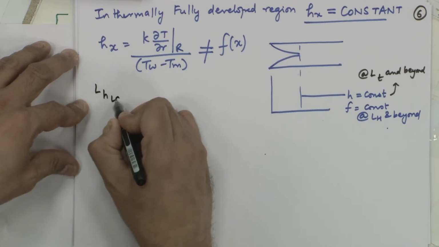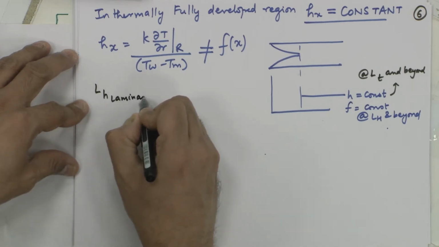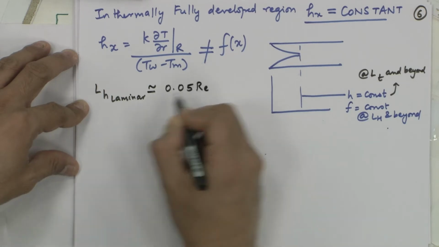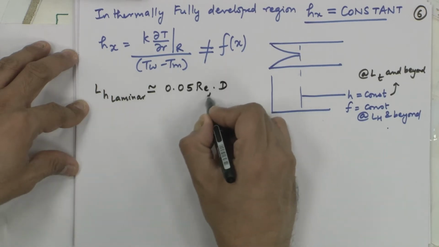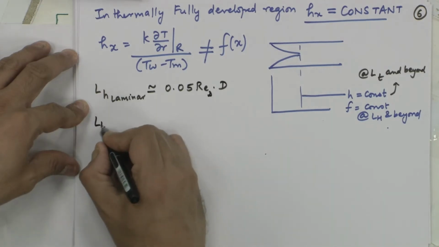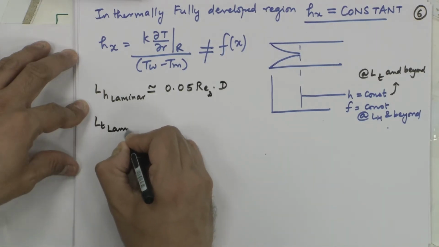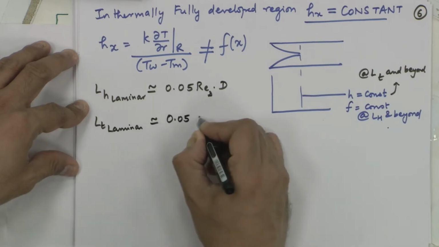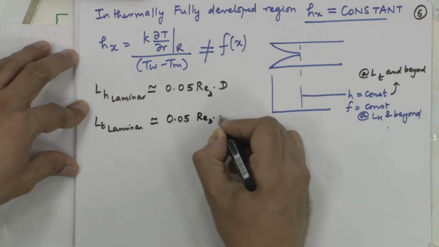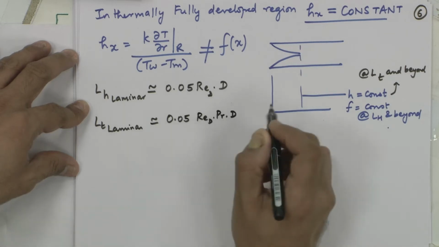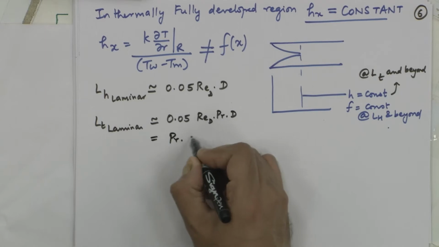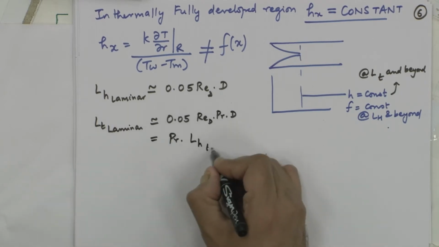Laminar flow, hydrodynamic entrance length is approximately given by 0.05 Re times d. Thermal entrance length for laminar flow through pipes is given by 0.05 Re times Pr times d, or it is nothing but Pr times L hydrodynamic for laminar flow.